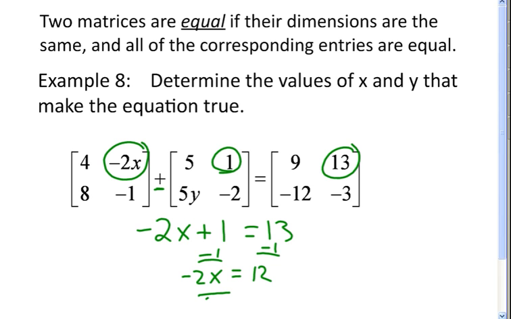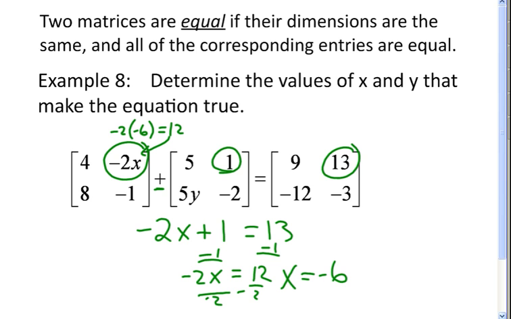Divide by negative 2. X is equal to negative 6. So this right here is negative 2 times negative 6, which is positive 12. So this is positive 12, x is negative 6.